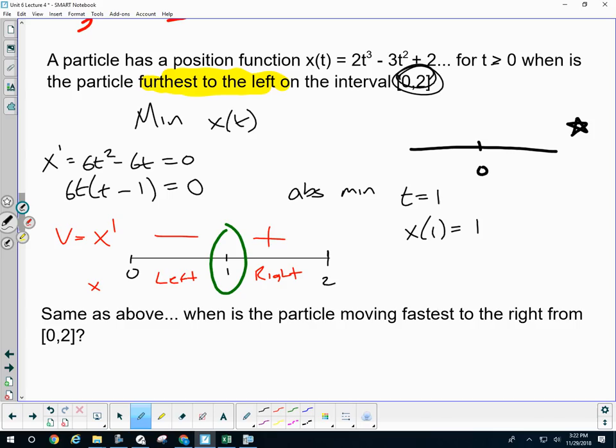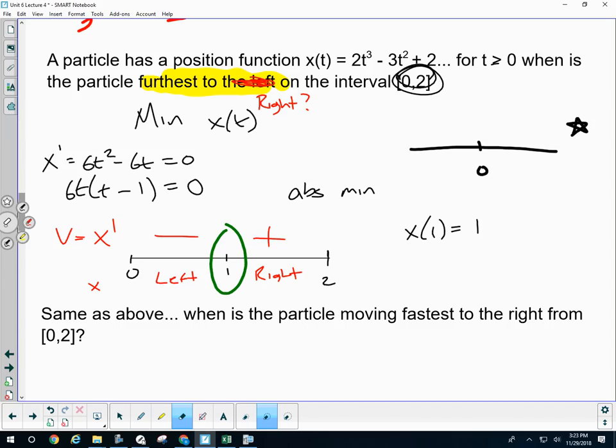Now, what if I asked you, when are we furthest to the right? You determine, when are we furthest to the right? You tell me. Is that 2? Okay.